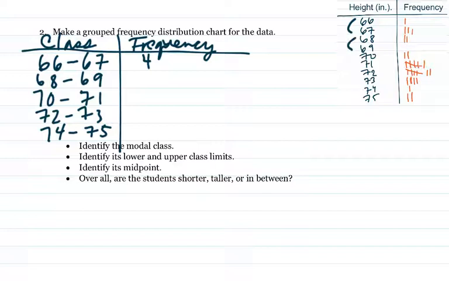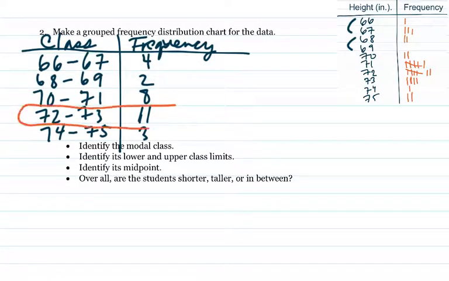And then from 68 to 69, it's 2. 70 to 71, it's 1, 2, plus 6, that's 8. 72 to 73 is 7 plus 4, that is 11. And from 74 to 75, that's 3. So our modal class in this situation is the 72 to 73 inches. That's the one that shows up most frequently.